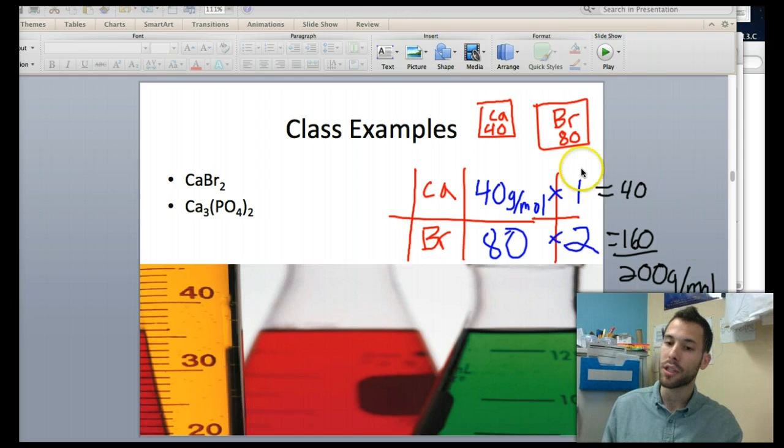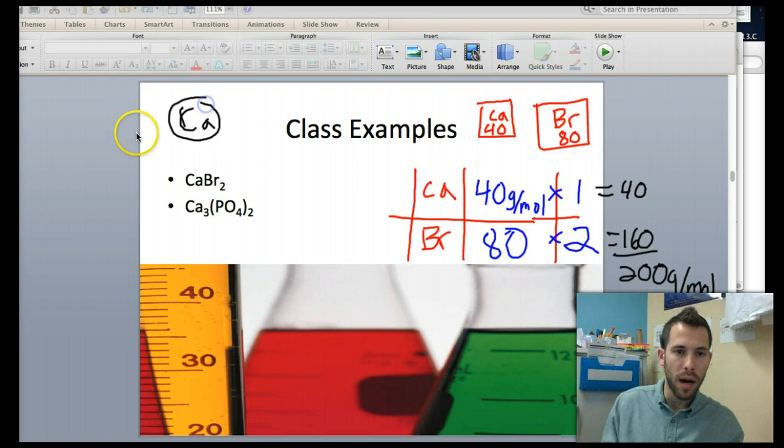And so that's saying essentially if I have a CaBr2 molecule, calcium right here, bonded to two Brs, like so, that this molecule altogether is going to weigh 200 grams for every 1 mole. And it's as simple as that.